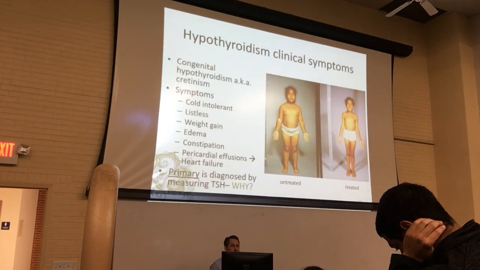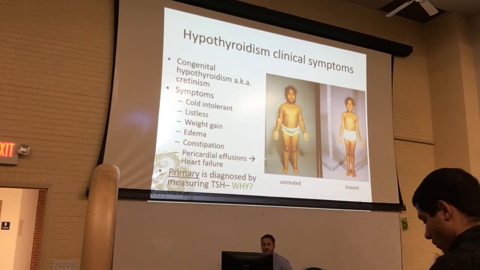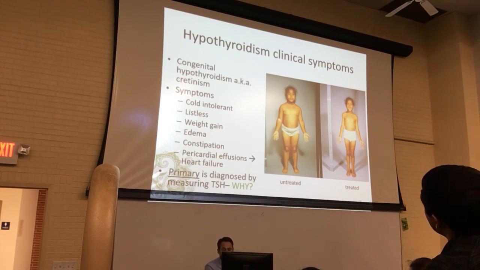So in the hypothyroidism clinical manifestations, this young lady, untreated on the left, was a 10-year-old female. She had poor growth. She was relatively obese for her age. And she was very immature from a dental standpoint.